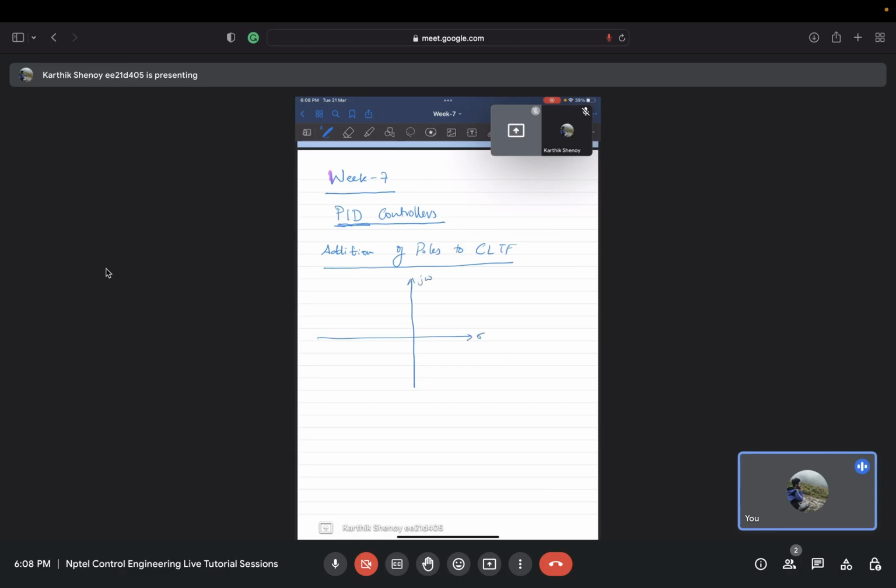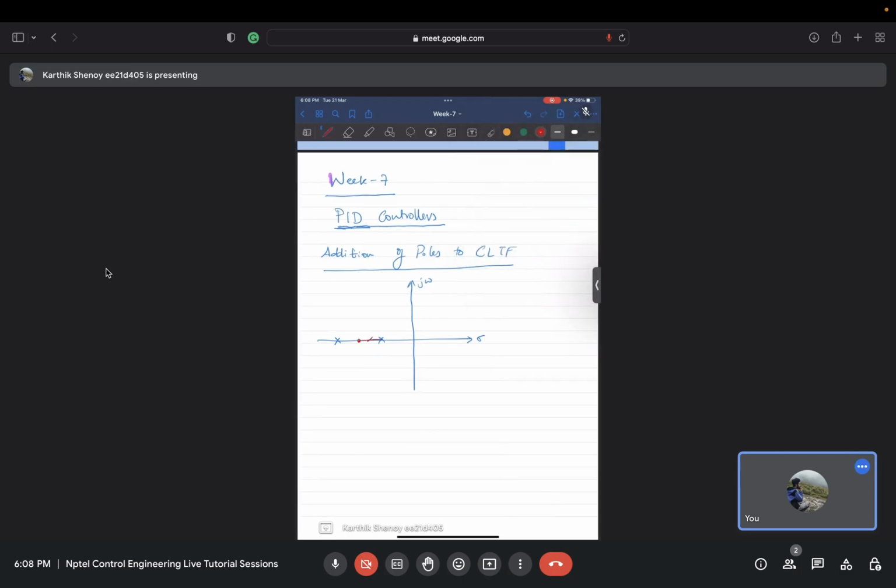Let's say you have a second order system, of a general form like this, and your root locus would look something like this. For a second order system, it's always stable, right? For whatever k you give, it's always stable. If you add a pole, we look at this in MATLAB also, let's say you add a pole here. Okay, I'll draw another figure.